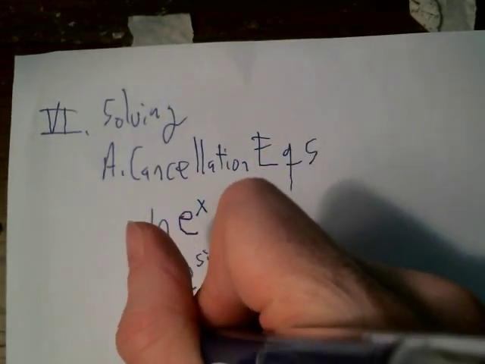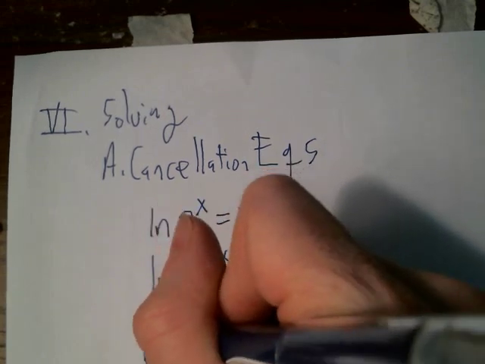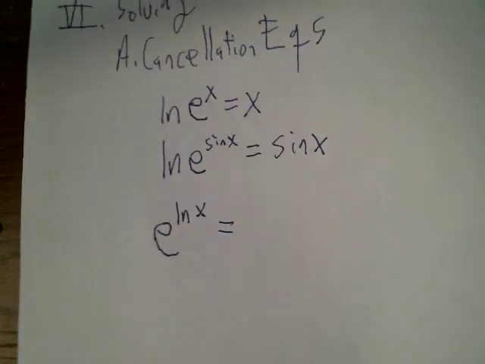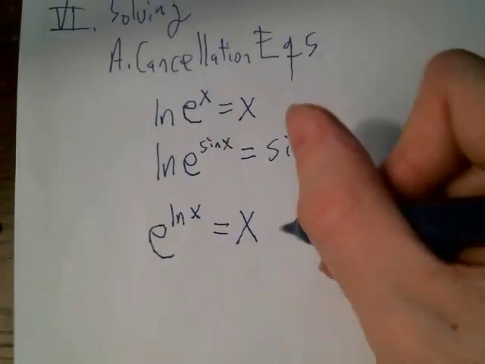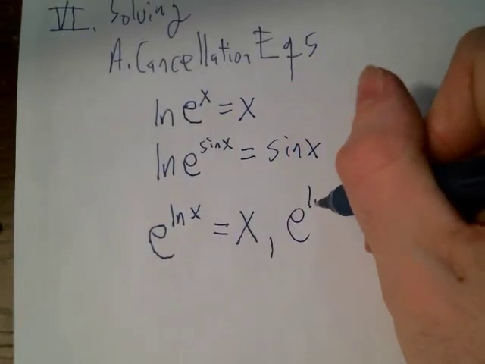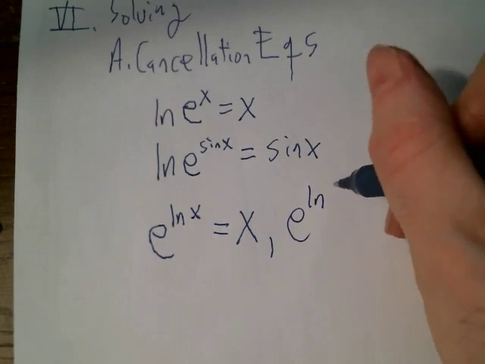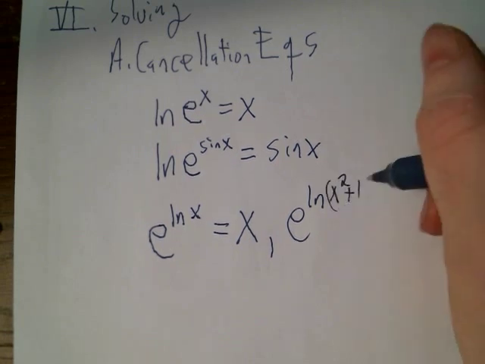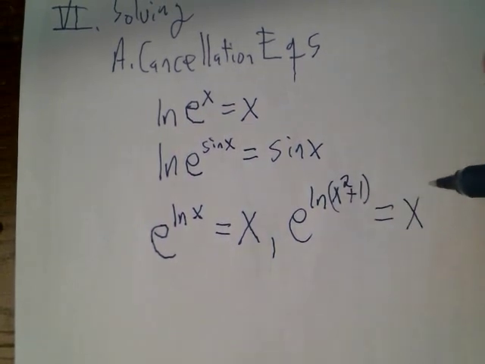Likewise, if you have an exponential and you put a natural log in its exponent, you'll end up with just x. So likewise, if you put anything inside of the natural log, let's say x squared plus 1, you'll end up with that popping out at the end.